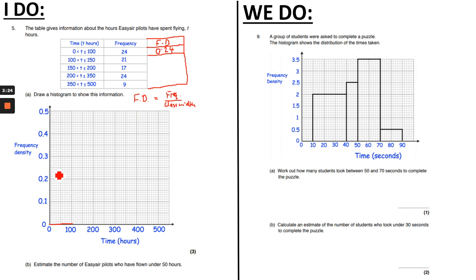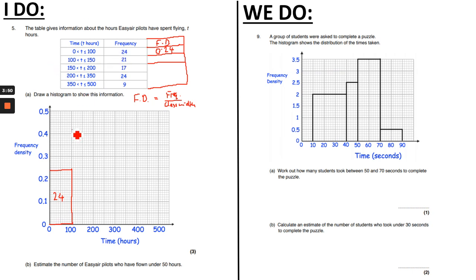So I've got 0.1, 0.2, 0.3, 0.4. I'm going to use a ruler. So that is the first bar, and that's got 24 people in it. The second bar, I want it to have a frequency of 21, but the width is only 50. So if I do 21 divided by 50, that gives me a value of 0.42.